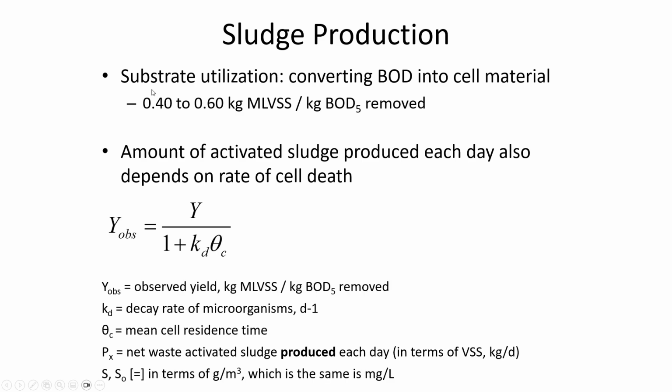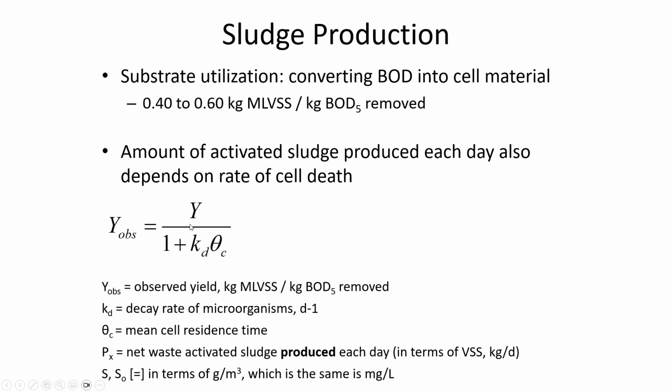So the observed yield takes into account the yield, which is, for any one generation of bacteria, the ratio between the food it consumes and the additional mass that it puts on. But then the observed yield also takes into account the rate of cell death that's occurring inside of your system.